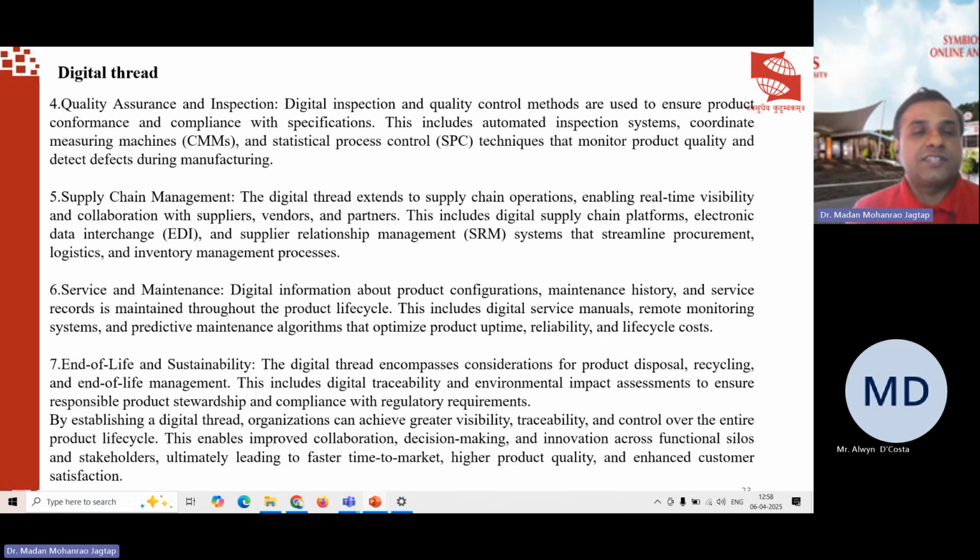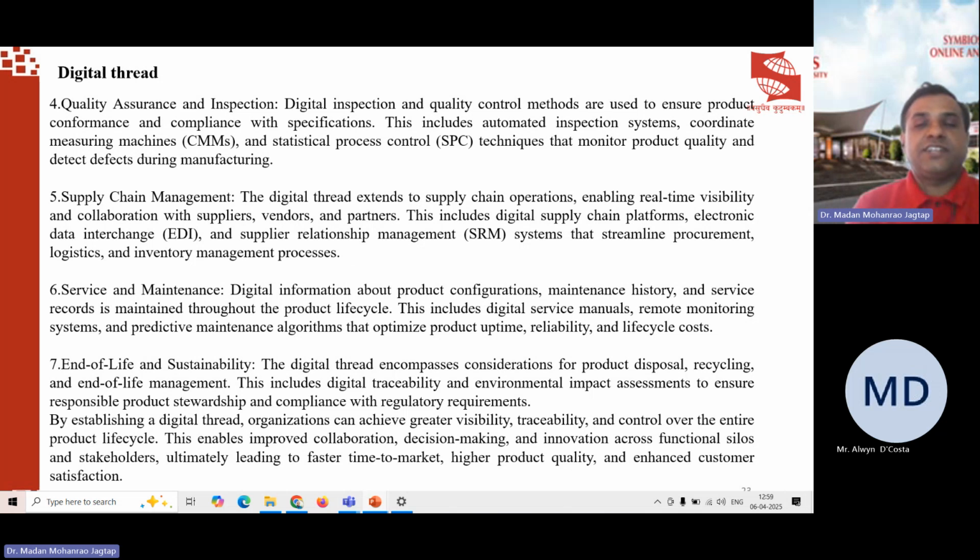So after the supply chain management, the digital thread passes the information to service and maintenance. Digital information about product configuration, maintenance history and service records is maintained throughout the product life cycle. This includes digital service manuals. So what is a service manual? How this particular machine works or how this product can be used.